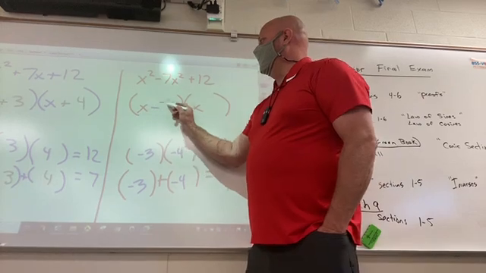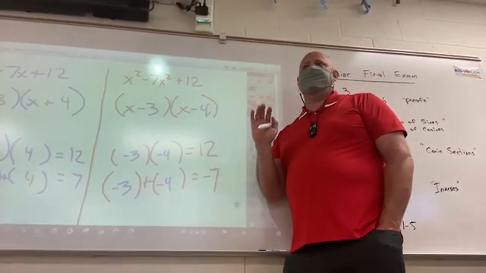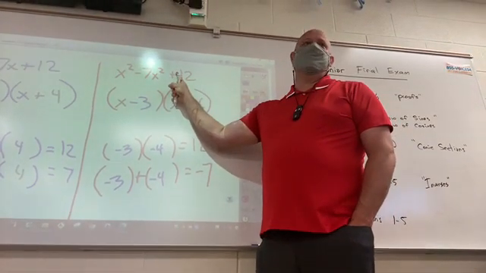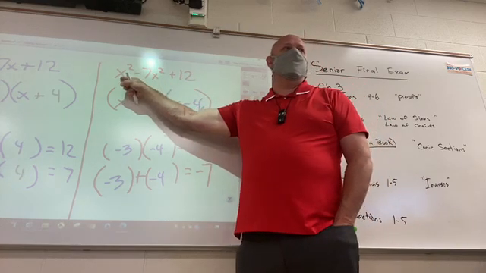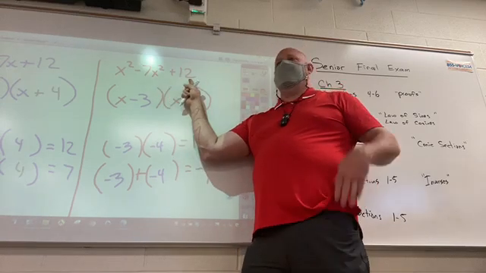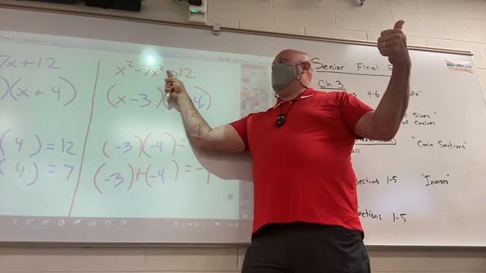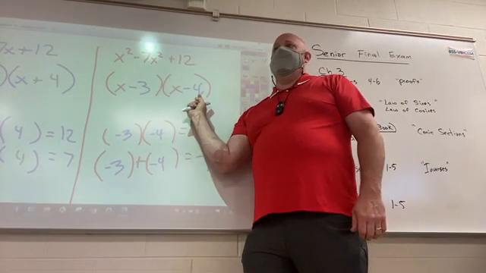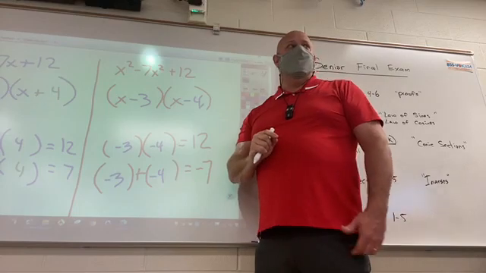So this just means it's going to be negative 3 and negative 4. Does that make sense? If this is a positive, this problem's fairly easy. And I like to think of these in reverse. When I factor, I read them from back to front. I say, I'm looking for two numbers that multiply to 12 and add up to 7. Well, that'd be 3 and 4. If this is a negative, I know my two signs have to be negative.